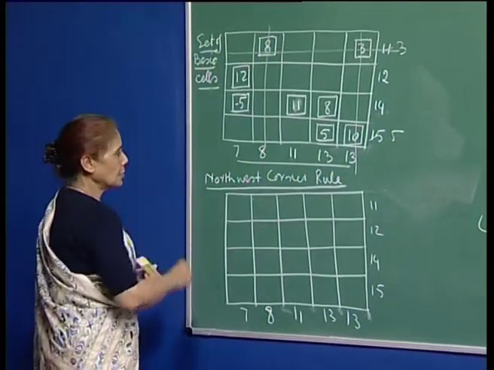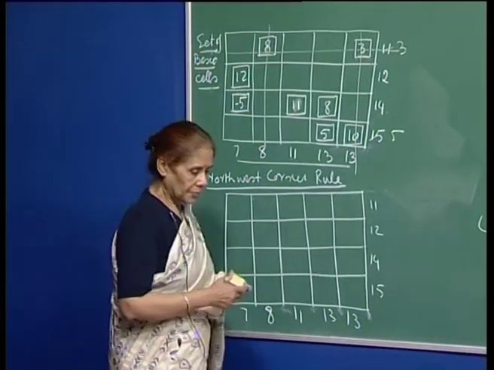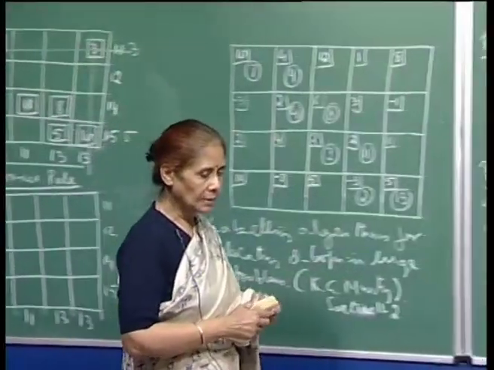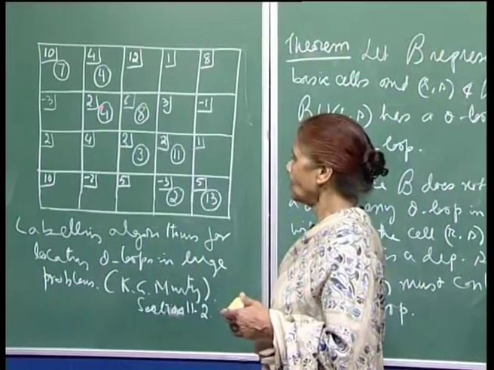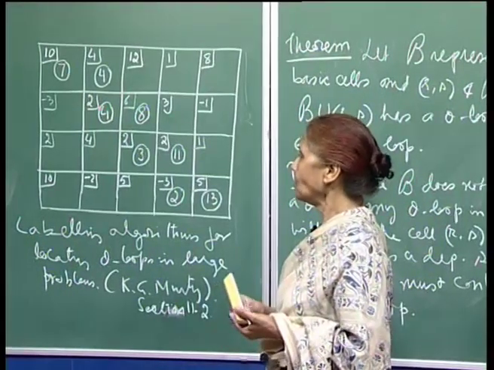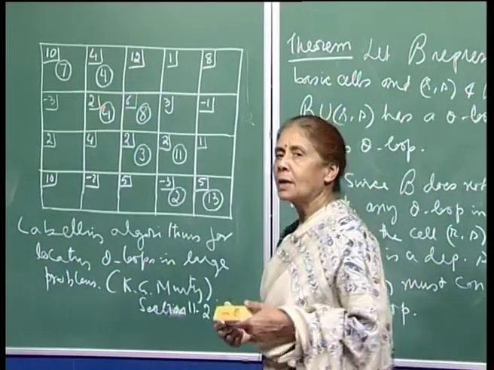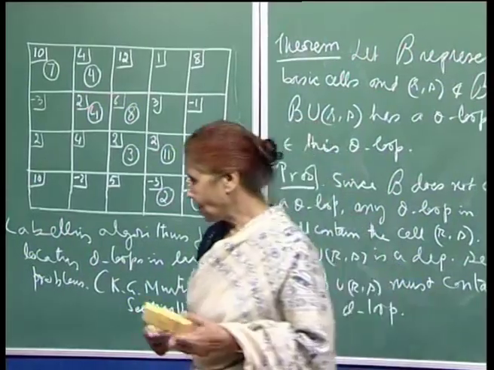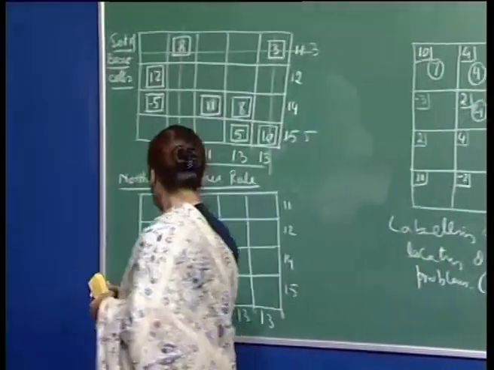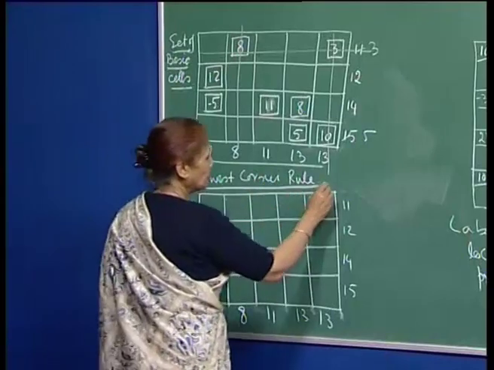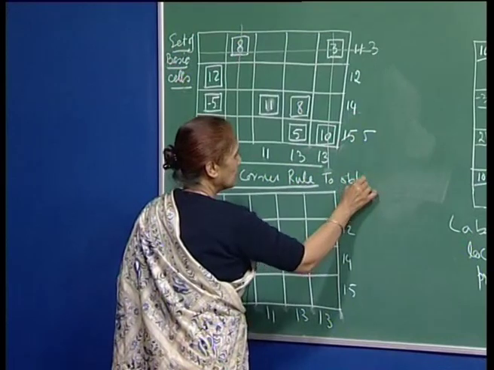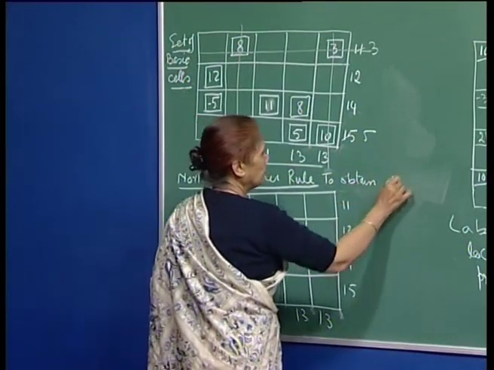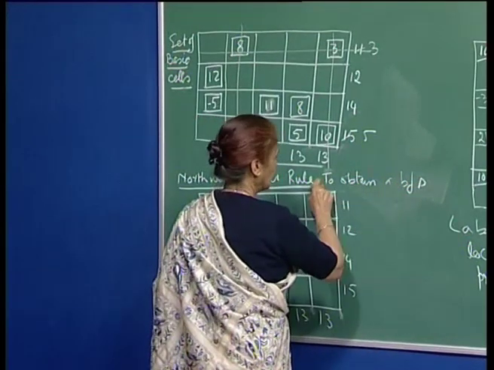And now I want to give you a rule for obtaining a basic feasible solution very easily, and that is known as the northwest corner rule. Later on we will look at many more methods for obtaining a starting basic feasible solution, right. So here the idea is very simple: the northwest corner rule to obtain a basic feasible solution.